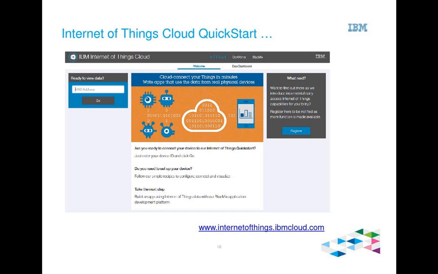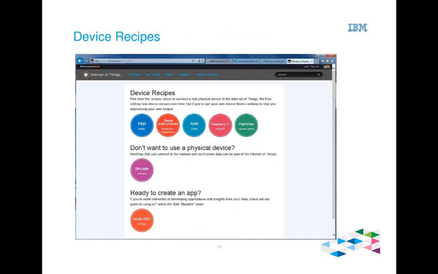On the next slide, you will see the device recipes, which means that we provide you the code which you can deploy on your device so that you can connect to the IoT cloud in no time. Different devices are being supported now, and if you have developed any IoT application in the past, then you would be able to recognize these devices. Intel Galileo, Texas Instruments, ARM, then Raspberry Pi. We have got ready-made client code for this.